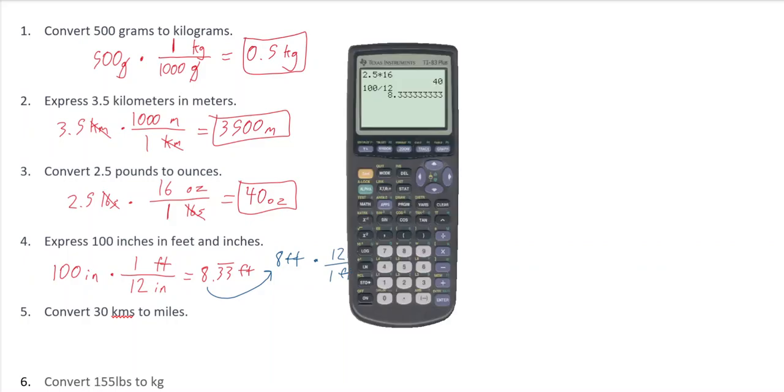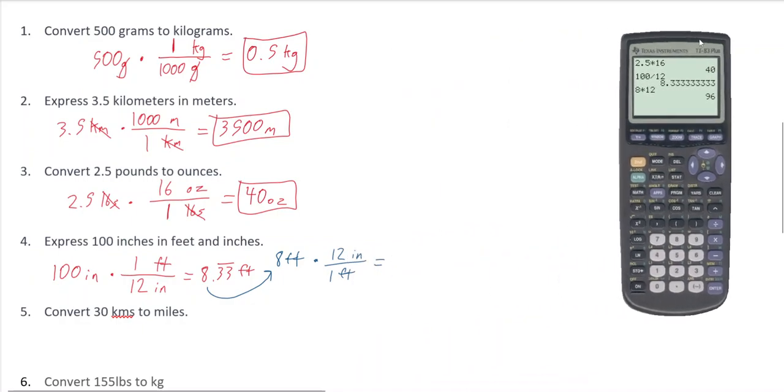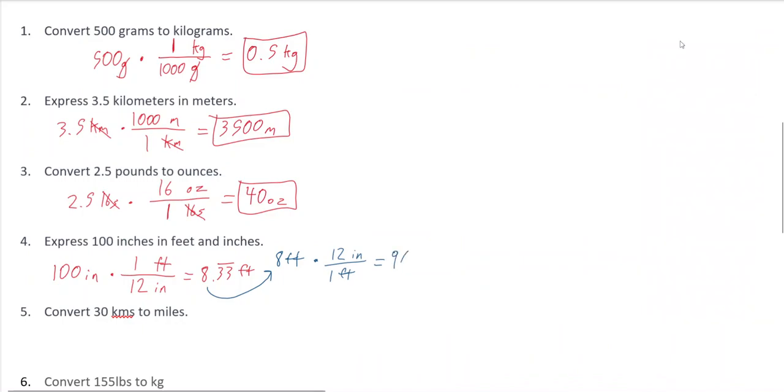So 8 times 12, and we get 96. So we get 96 inches. Now what we do is we take that number and subtract it from the original. So 100 inches minus 96 inches, and we get 4 inches.